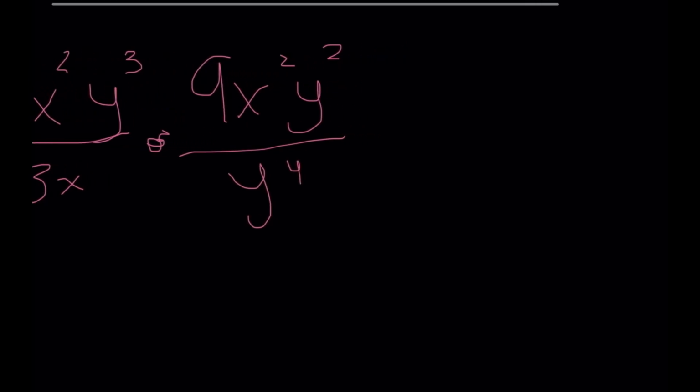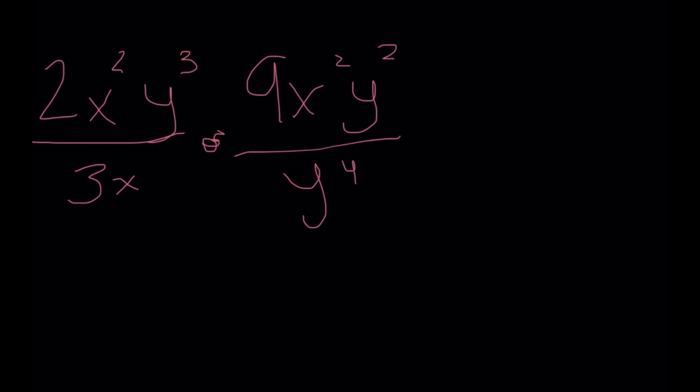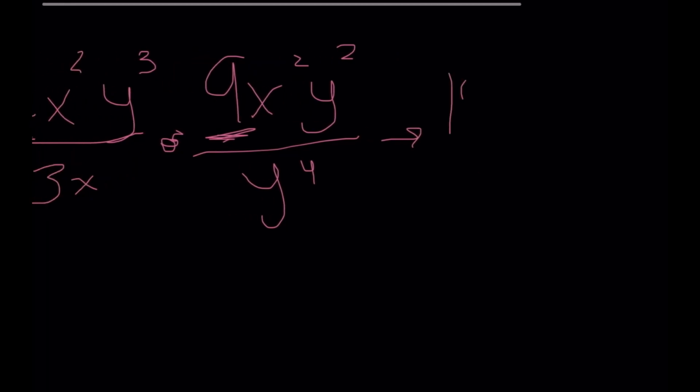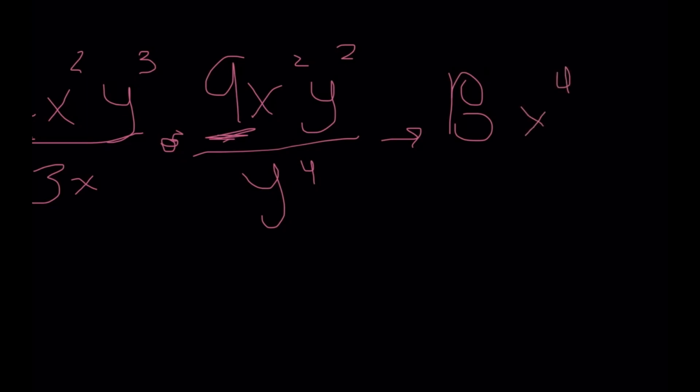So what we're going to do is take the bases of the numerators and multiply them together, and then we're going to add the exponents of the like bases. So 9 times 2 gives us 18, and then we have x to the fourth from x squared plus x squared, and y to the fifth.